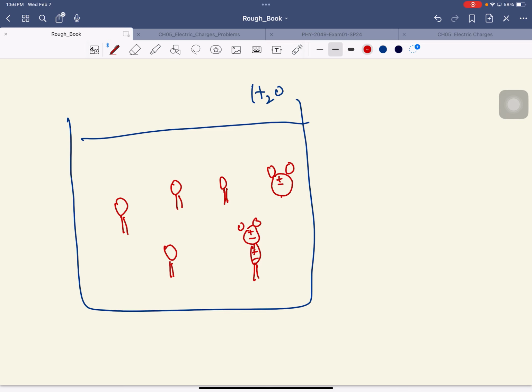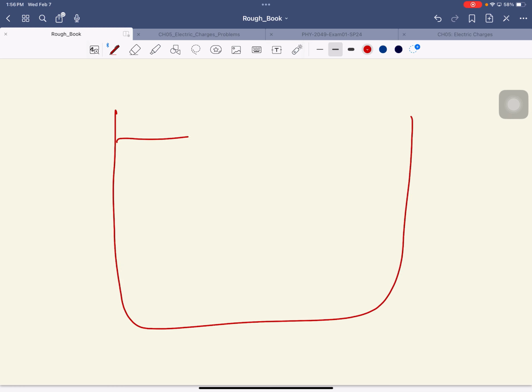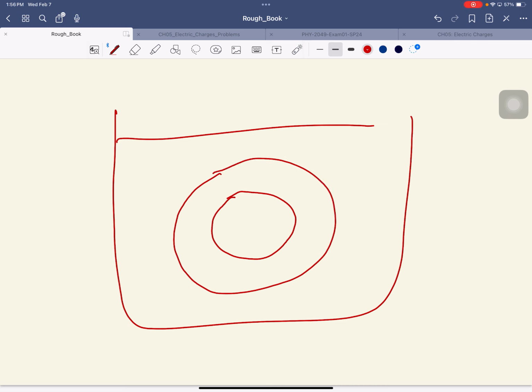When you have a bunch of these guys, what happens is the following. The heads want to attract water molecules. The tails don't care.